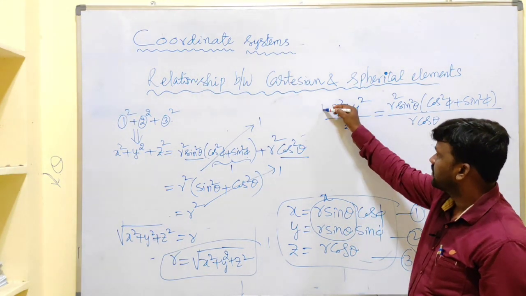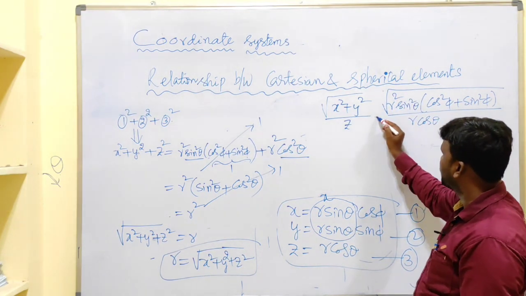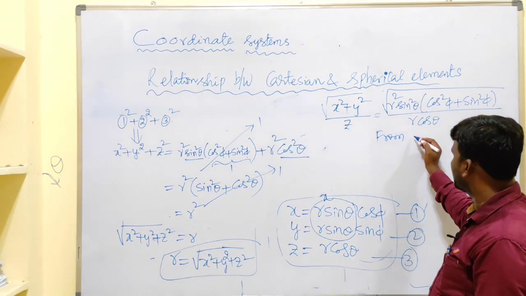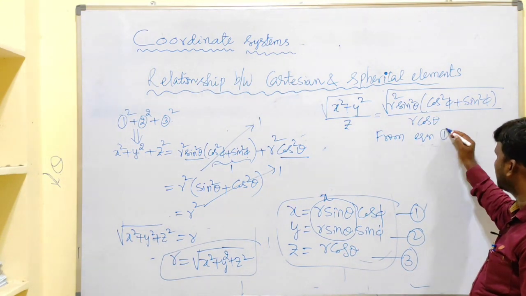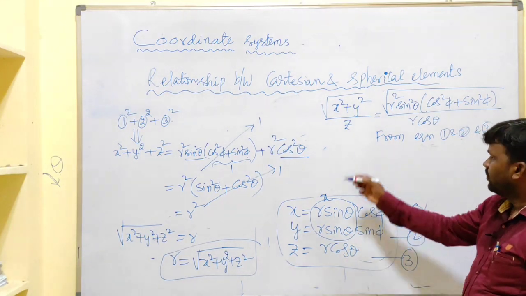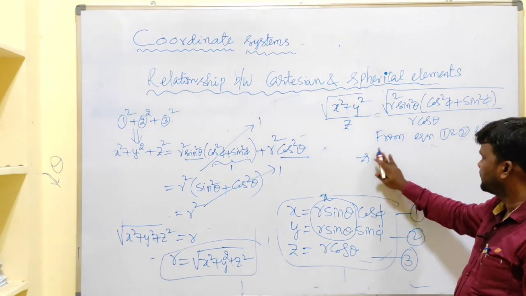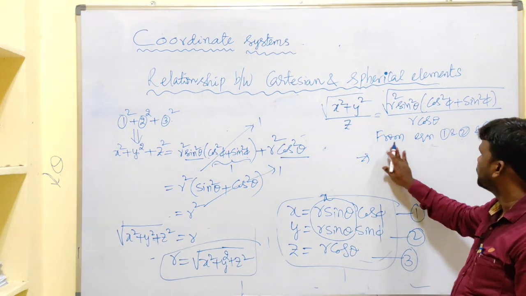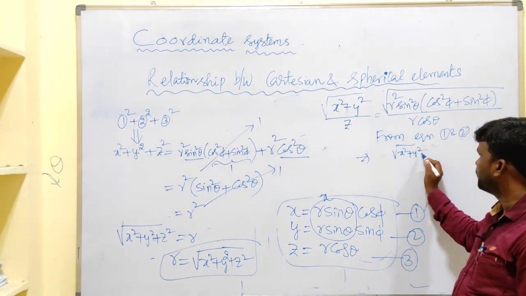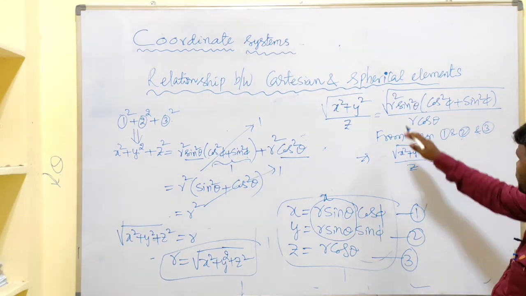Okay, take the root here, under root. Now from equations 1, 2 and 3, I will get root over x square plus y square by z is equal to under root r square sin square theta.